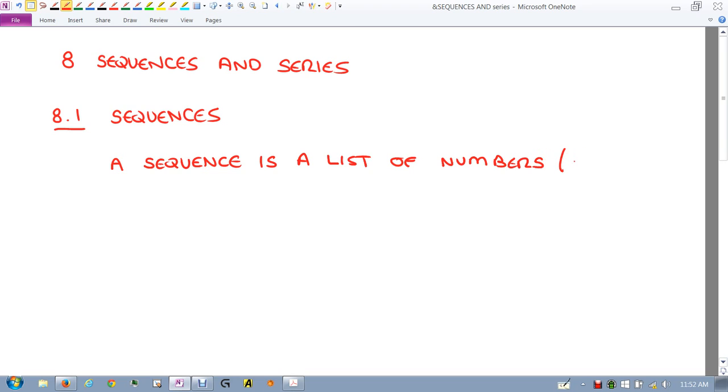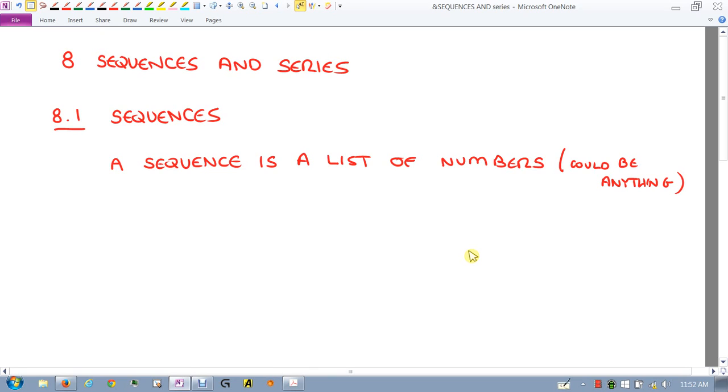But I'll say it could be anything. You could have a sequence of dogs. There's a dog, different dog, different dog. It doesn't matter what it is. And here we're going to start by looking at sequences as a list of numbers.